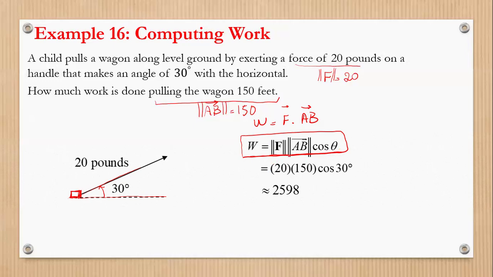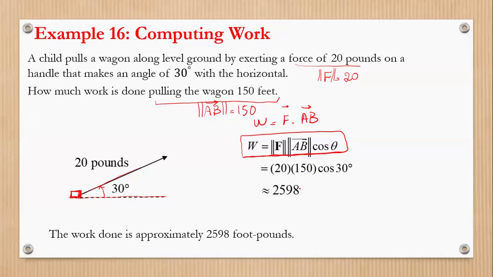Now we know that the magnitude of vector F, or the force, is 20. The magnitude of vector AB, or how much the wagon was pulled from A to B, is 150. And I know the cosine of the angle, which is 30 degrees. Then we put in the numbers. The cosine of 30 degrees is √3/2, but you can just put it in a calculator to find the value, which is 2,598.